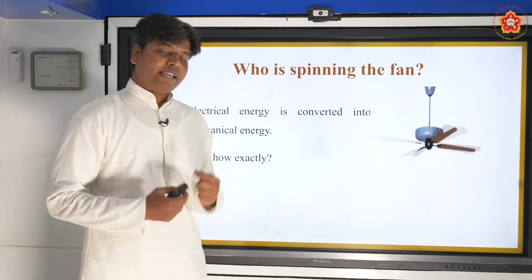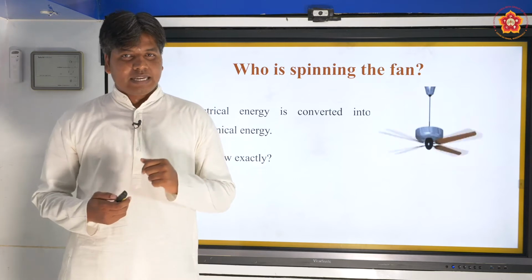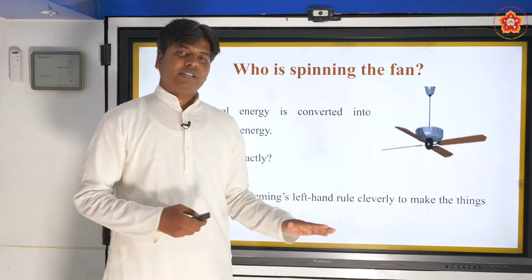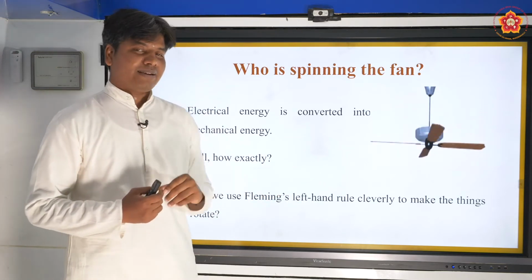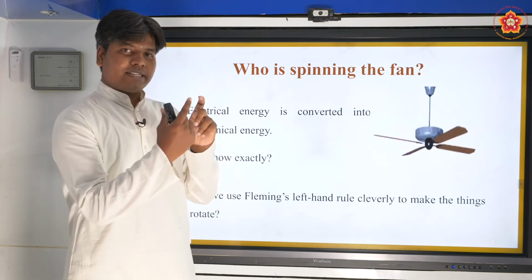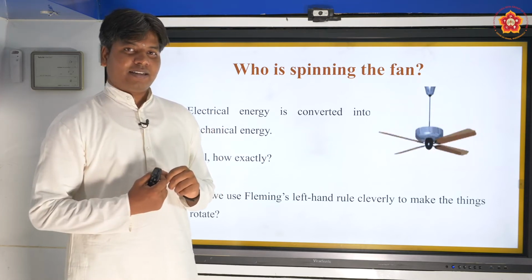Now, again go back to Fleming's left hand rule. Can we use Fleming's left hand rule so cleverly to make things rotate? Just think of the last example. You take a single coil and the force at both ends acts in different directions, right?